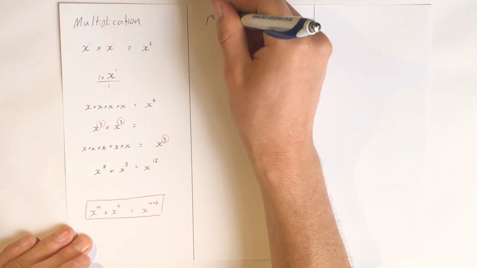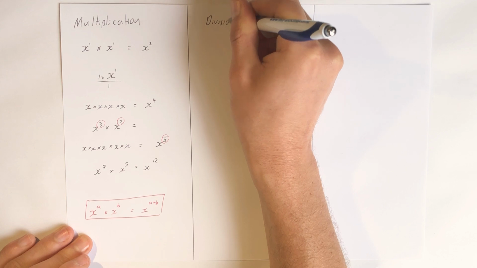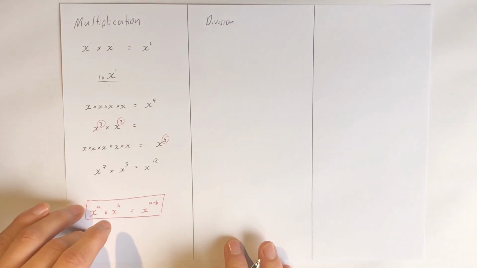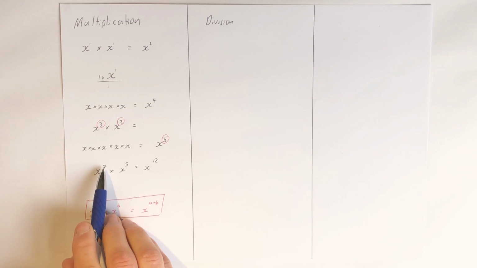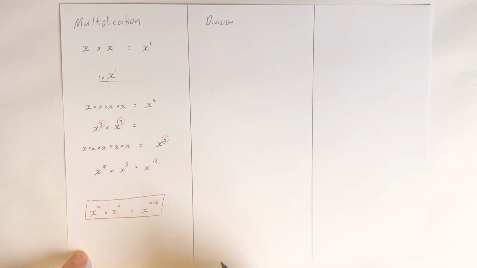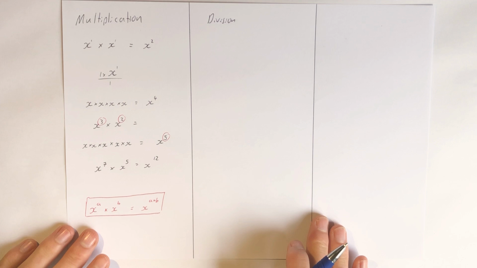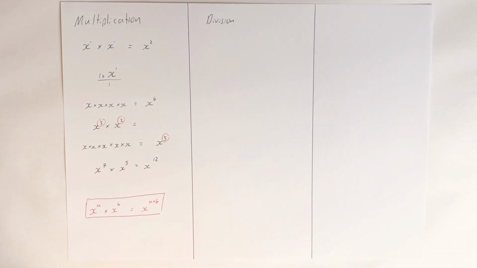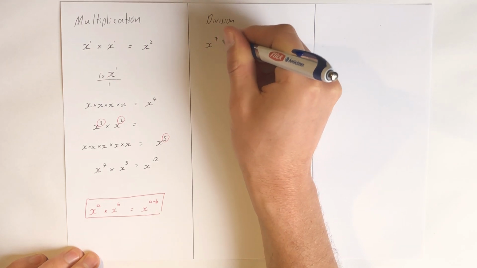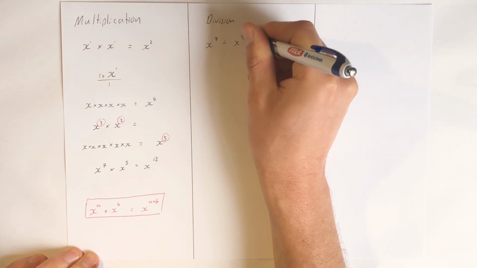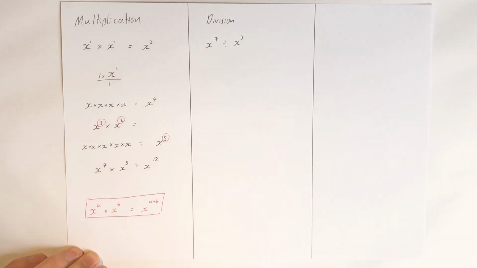The other thing we have is division. And there's a lot of patterns in maths, so if you can see that we're adding with multiplication, you might think, well, we must be subtracting for division, and you'll find that's true. So let's have a look. If I have x to the 7 divided by x cubed, well, let's write this out the long way. Let's write it out in fraction notation.